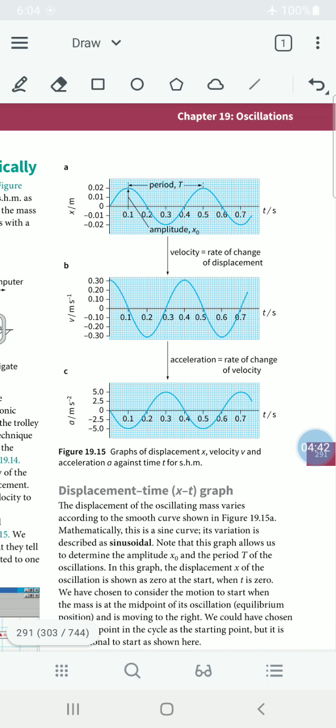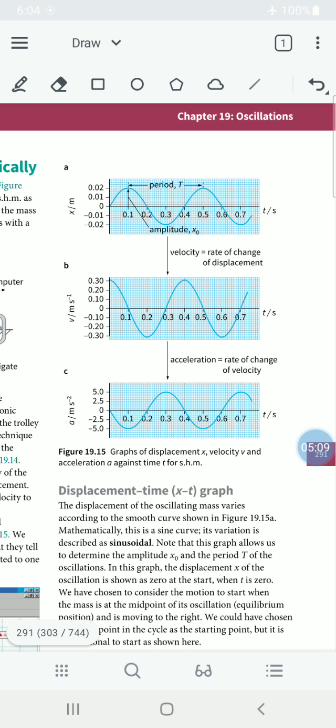So as you can see, in the first one, the x-axis is always time, which means we have measured the period. So velocity, displacement and acceleration all have the same type of curve.